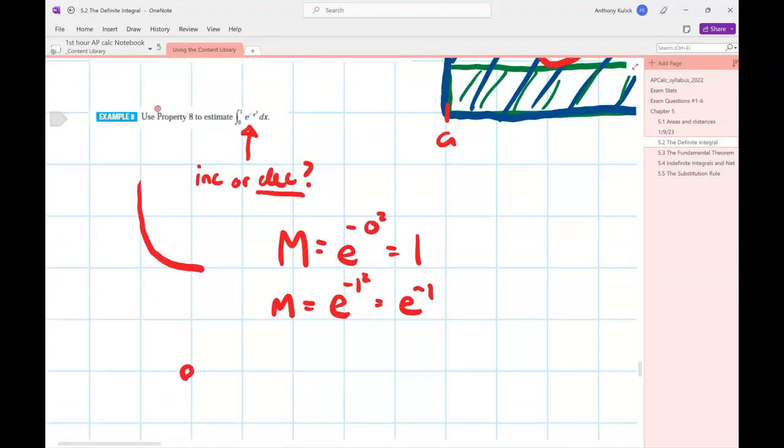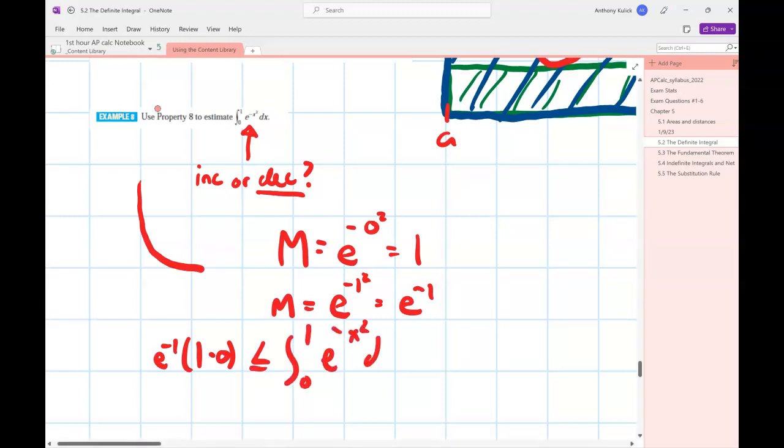So I know then that e to the negative 1 times (1 minus 0) is less than or equal to that integral, which is less than or equal to 1 times (1 minus 0).